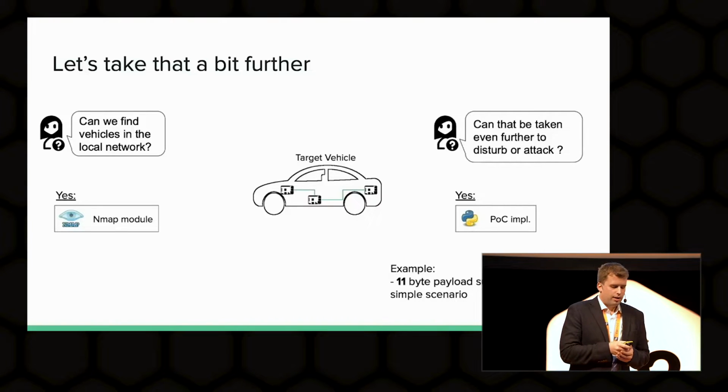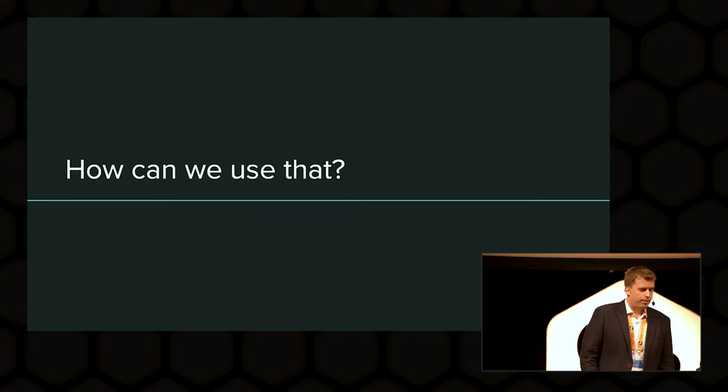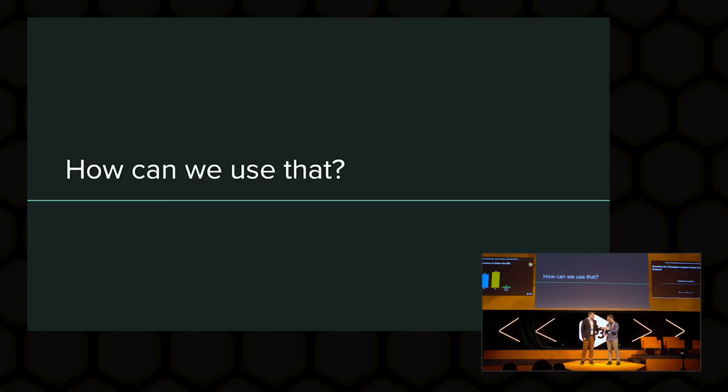And as it turned out, yes, we can. We had some ideas. We're not going into detail about them today, but let's say the smallest message we were able to define that messed with the diagnostic equipment required only 11 bytes of payload. So there's a lot of room for malware. And what we can do with that protocol, Kevin will now explain to you.